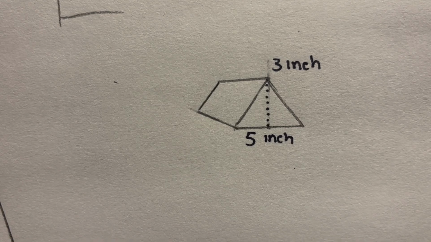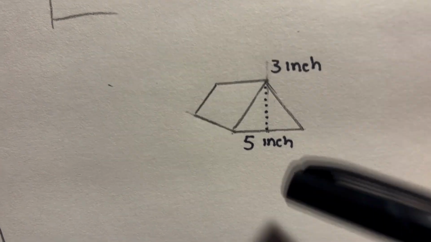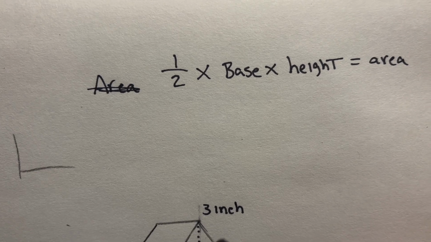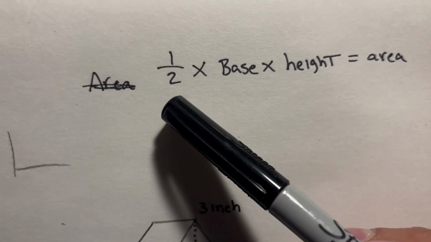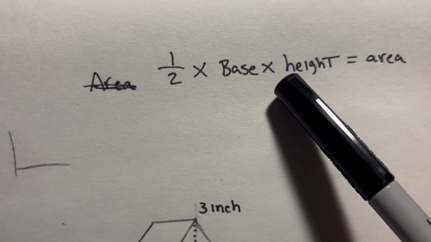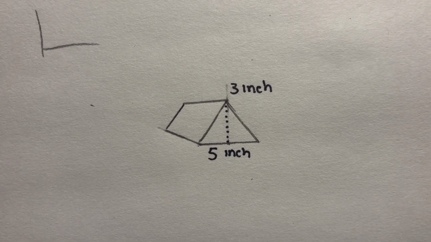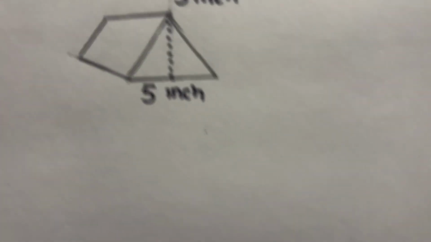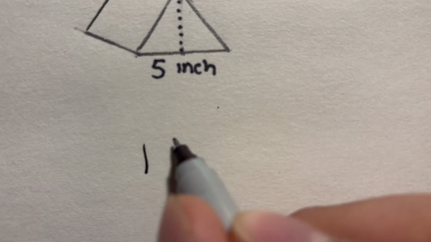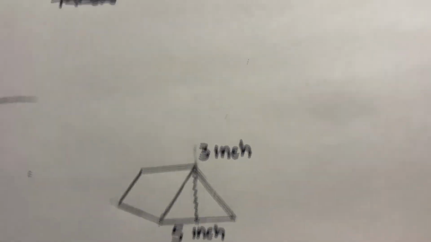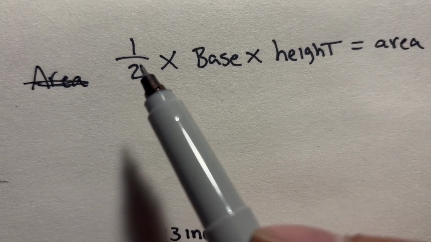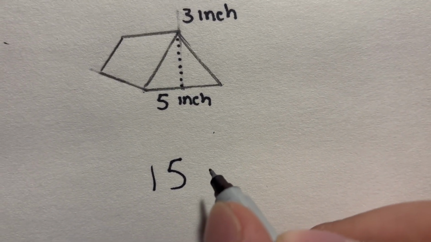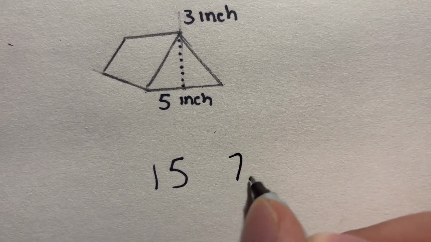For the triangle, we'll work in the 2 dimensions first, and the formula is 1/2 times the base times the height. So we take 3 times 5, which is 15. And then, like before I said, divide that by half, which turns out to be 7.5.